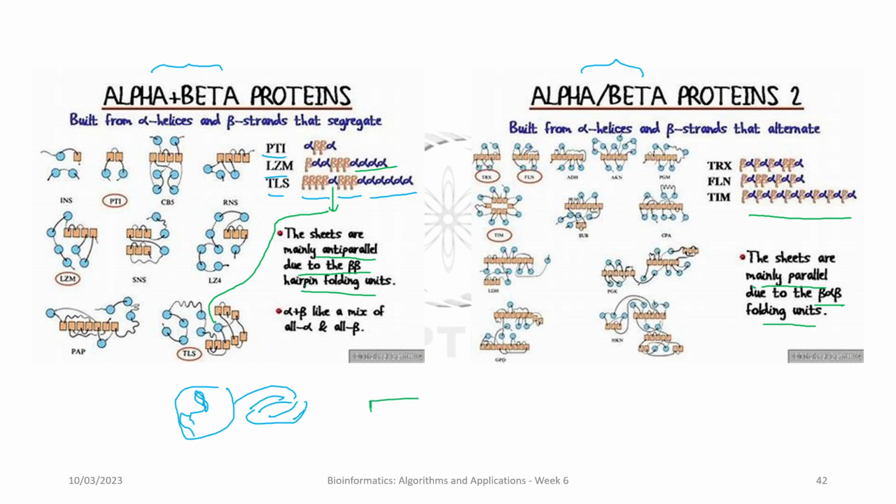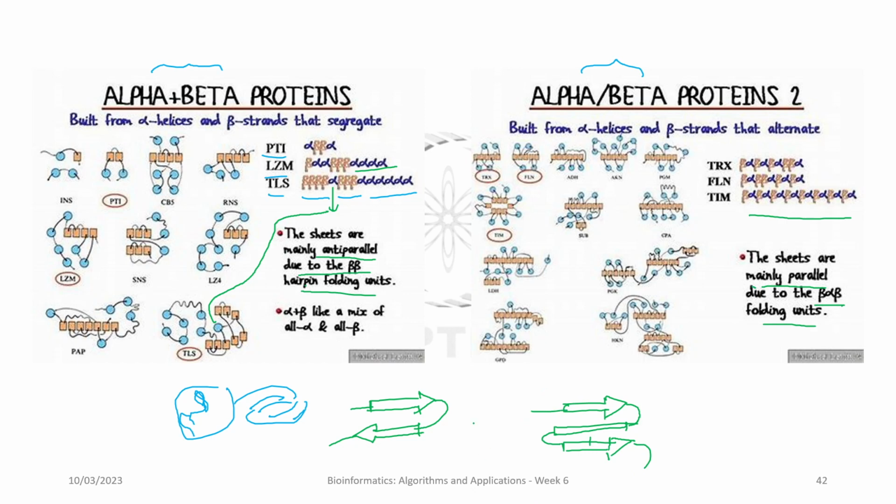So when you have one beta close to the next one, this will be the anti-parallel beta beta hairpin thing, right? But if you're having one thing followed by another helix, it gives you an opportunity to form another. This helix need not be in the same plane, it could be above, below, anywhere, right?